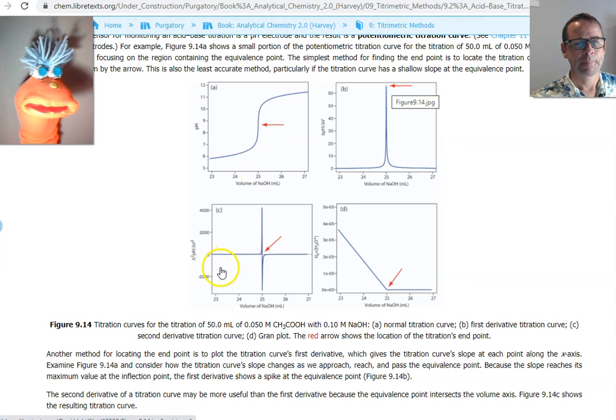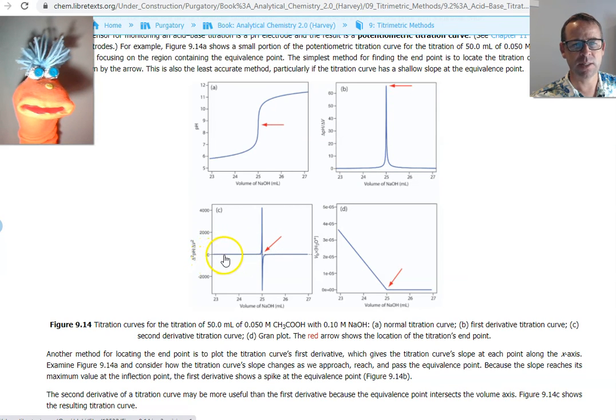All right? And if you want to get even more precise, you can take the derivative of this curve, and that is the second derivative here. And what it does is it's not going to change much at all until you get to this point, and then because it goes up really fast, the derivative goes up here, but then it comes down really fast, and then it stabilizes again.